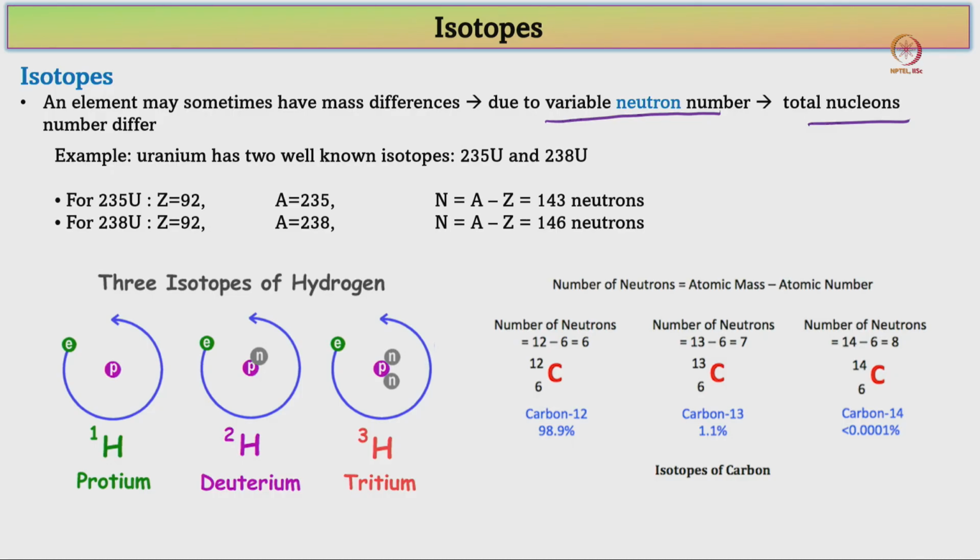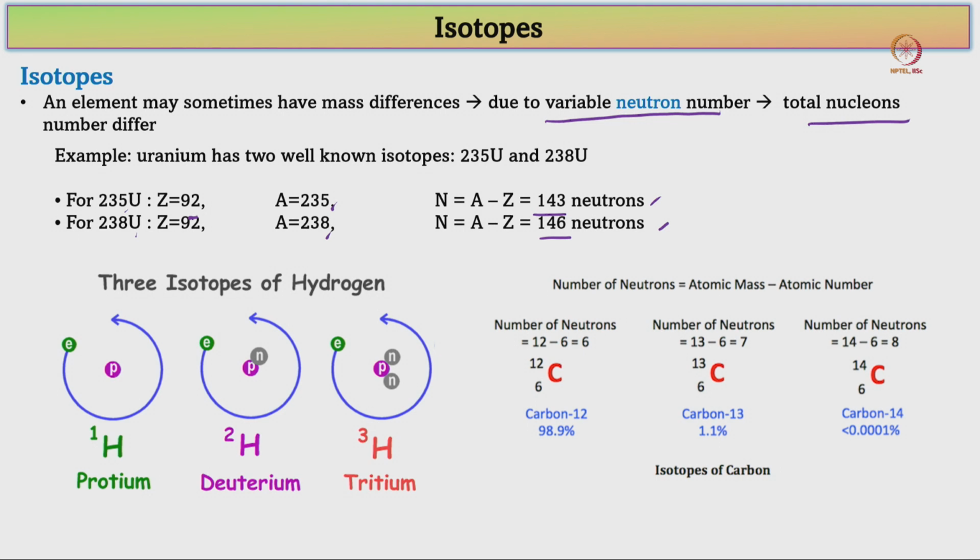For example, uranium has atomic number 92, and its mass can be 235 or 238. In both the atomic number is the same, 92, but the number of neutrons is 143 in one and 146 in the other. Due to this, we have different mass numbers, and therefore uranium has these isotopes.